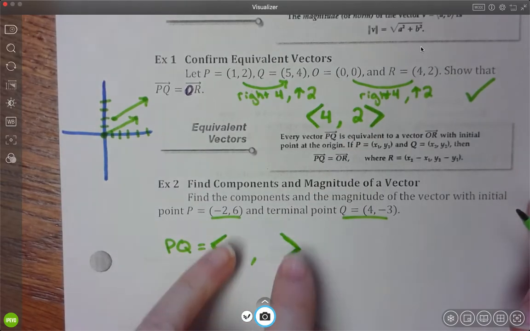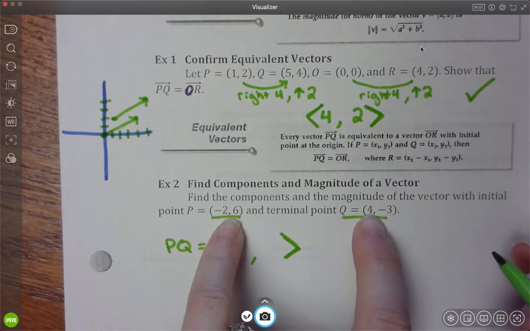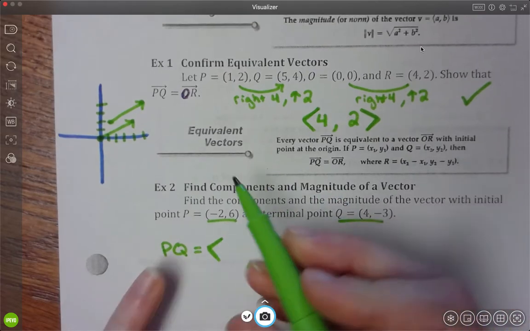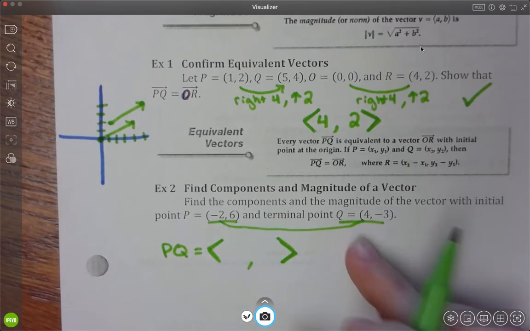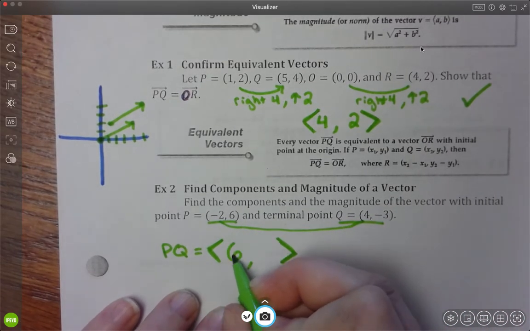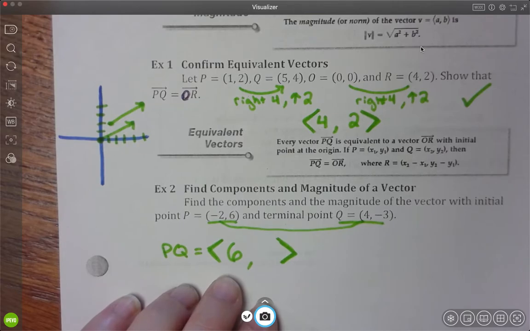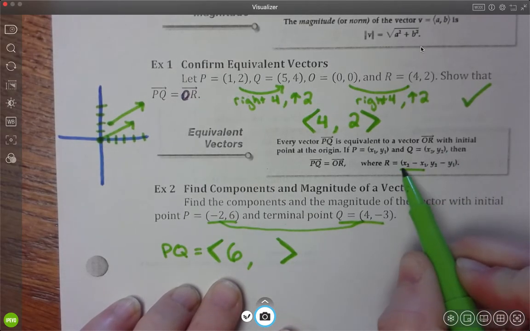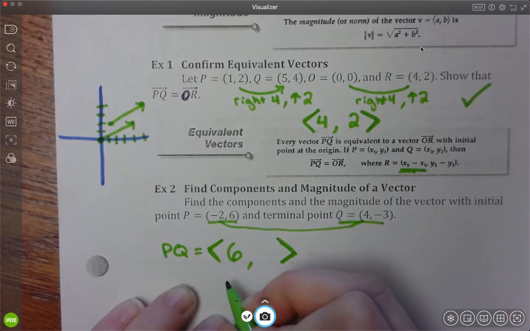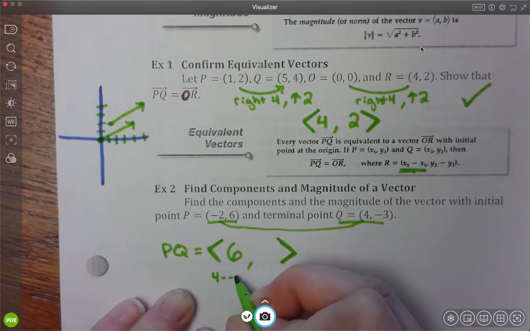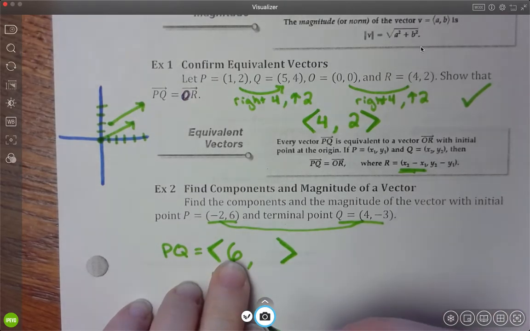So from here to here, we have to determine, okay, which direction are we going? So from -2 to 4, we are going to the right 6. So I'm going to write that as a positive 6, okay? If you need to do the computation, it would be x2 minus x1, okay? So this really is like 4 minus a -2, or 4 plus 2, which is 6, okay?